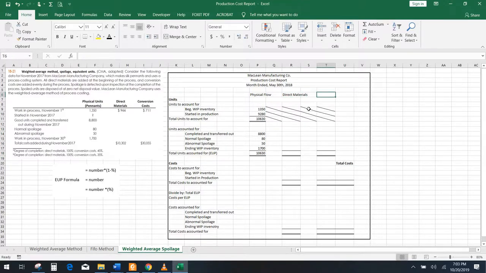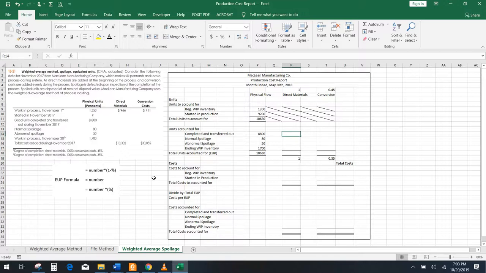And this is conversion. And we'll put the percentages here, 100% here, and then 45% complete for conversion. And then just as we did in previous problems, we'll put the percentage of completion for the work in process down at the bottom, and that's 100% and 35%.